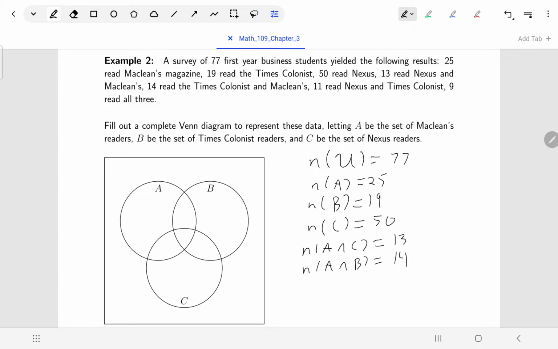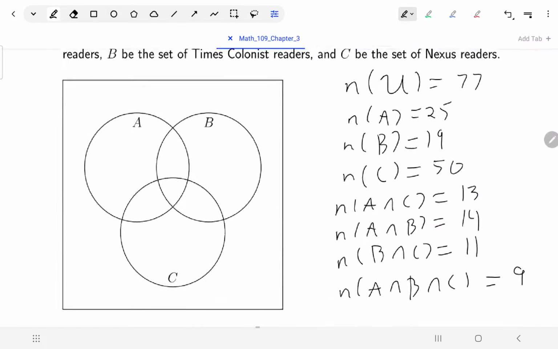And then finally, we've got 11 reading Nexus and Times Colonist. That's C and B. So B intersect C, there should be 11 people there. And then finally, there's 9 who read all 3 papers. So A intersect B intersect C is 9.